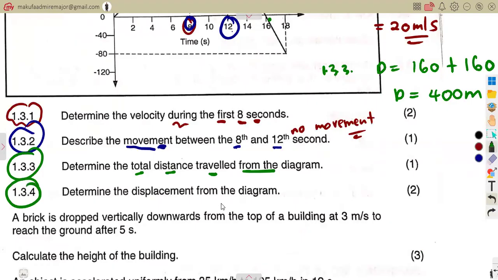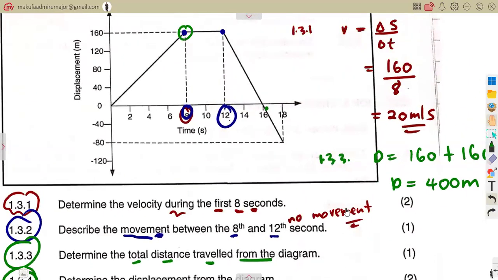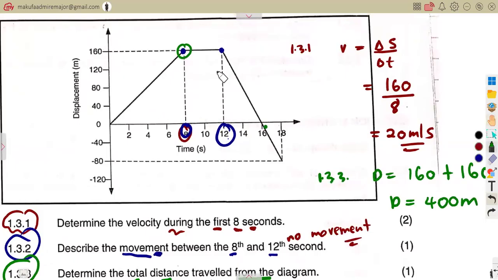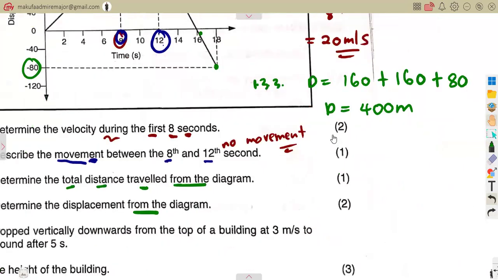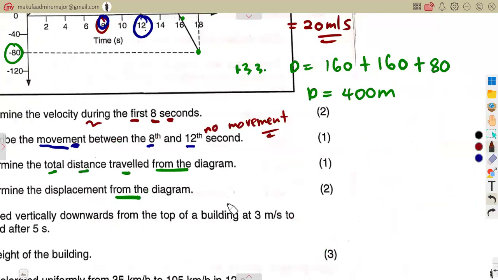The displacement from the diagram is the one that you take in the opposite region. Not this side, but the opposite region that we are seeing. So in the opposite region, we are talking of -80 meters, which is 80 meters in the opposite direction.